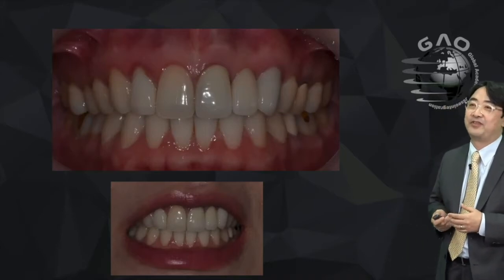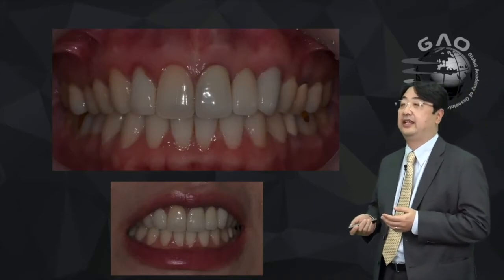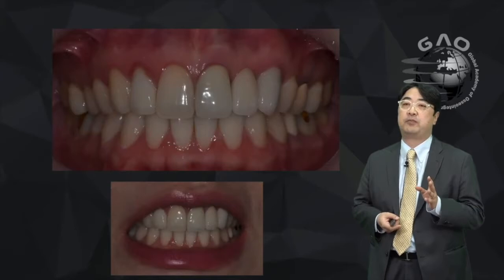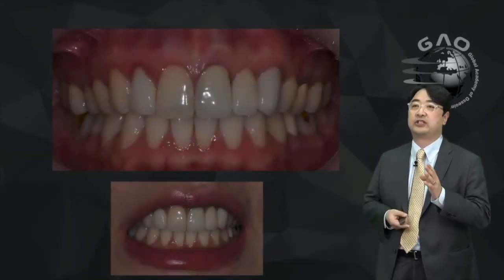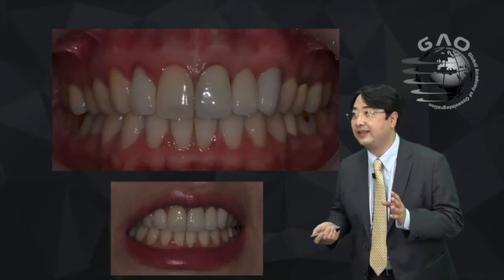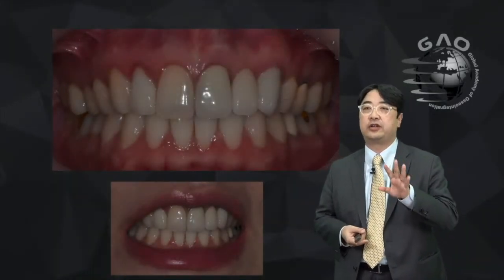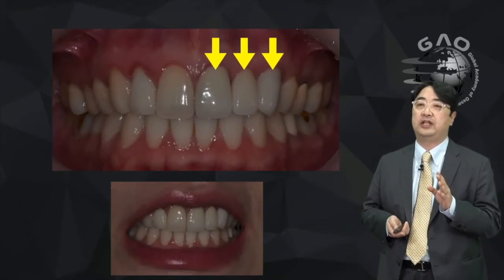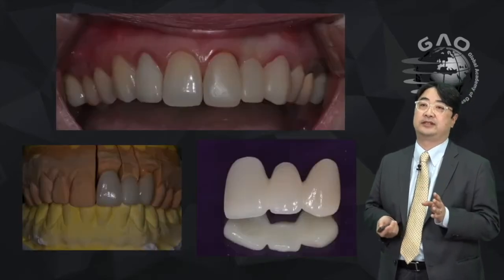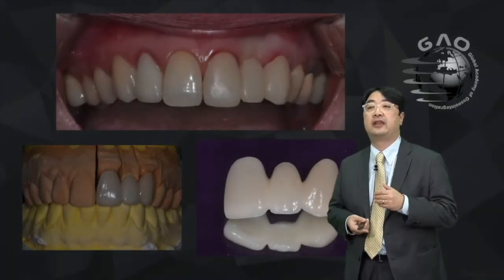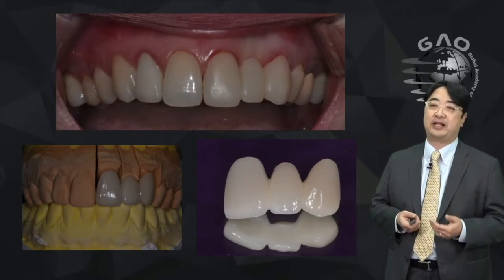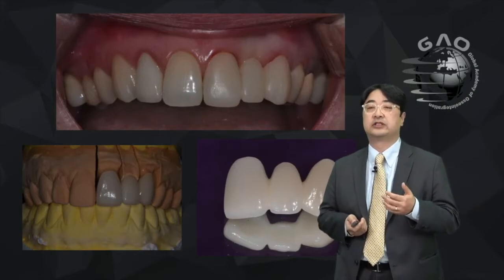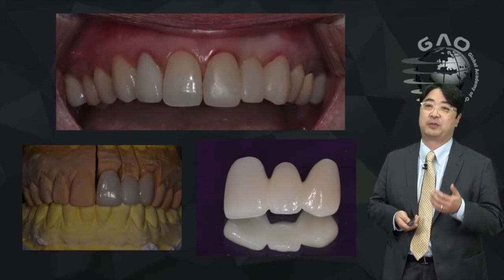Here I'm going to start with my favorite case. A lady came to change number 21 to 23, a left anterior 3-unit bridge, because she could feel some cement wash out. I explained many things, but she just wanted to change the anterior 3-unit bridge. I removed it and temporized, as in the upper picture. Then I sent the case to the lab, and my lab technician made a 3-unit porcelain-fused zirconia bridge for this patient.